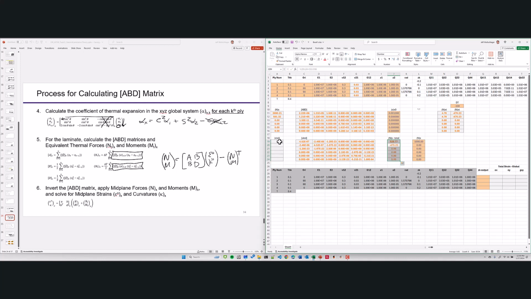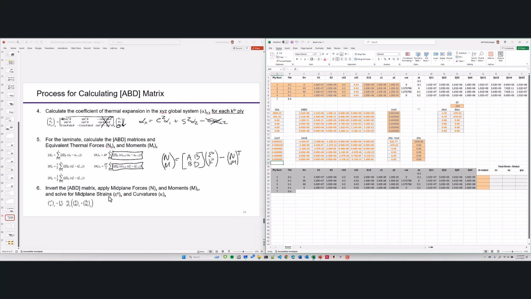And then I can just go ahead and do my matrix math, which is equal to the mmult of my inverse ABDs times my total forces. And I go ahead and get my strains, my midplane strains and curvatures, back out from that particular calculation.